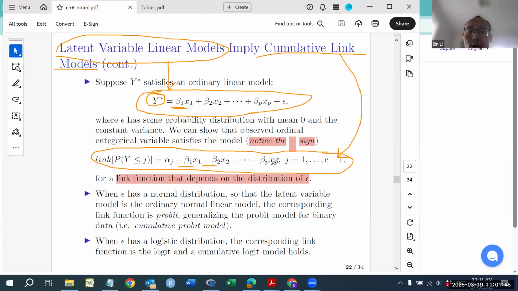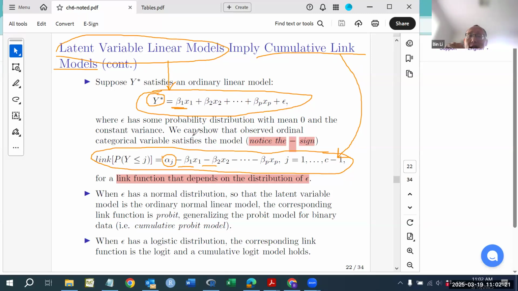They differ by two things. One is the coefficient: they flip the sign. Beta 1 for x1 in the latent variable model becomes negative beta 1 for the cumulative link model. Is that clear? Another difference is that for the latent variable linear model, we don't have the intercept. There's no intercept, but here we do have some intercepts. So these are the two differences, but they are very close.